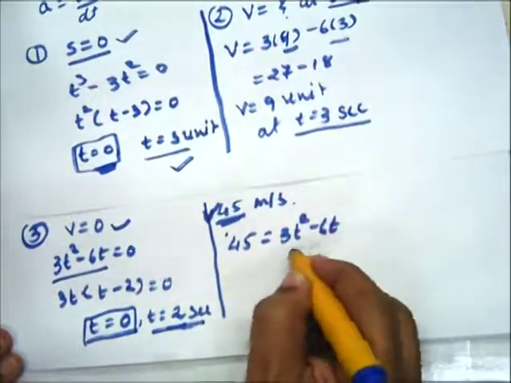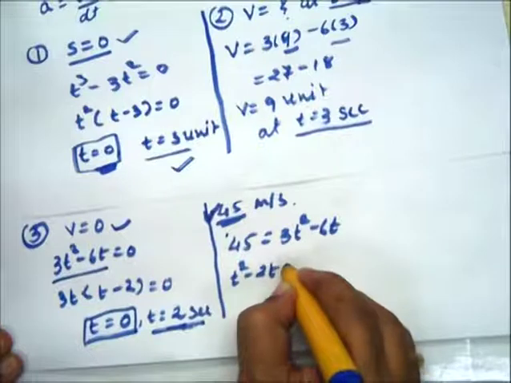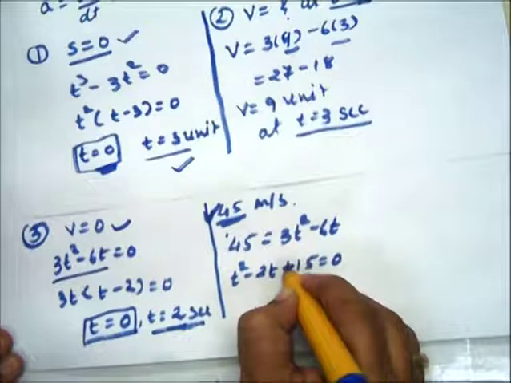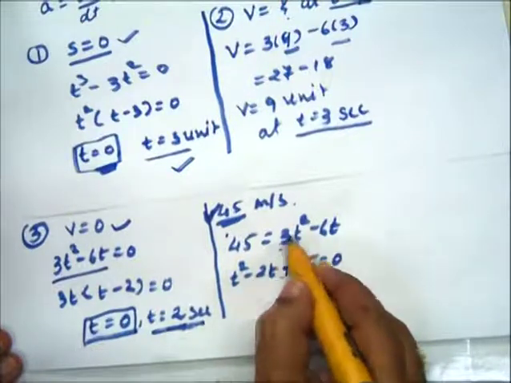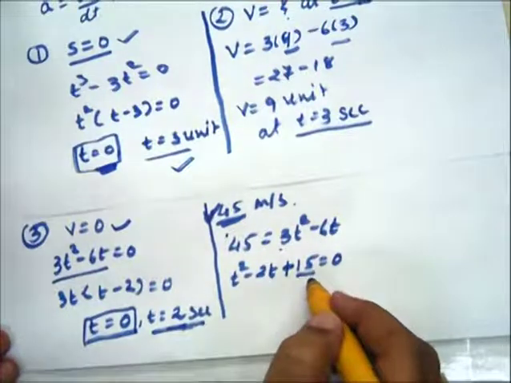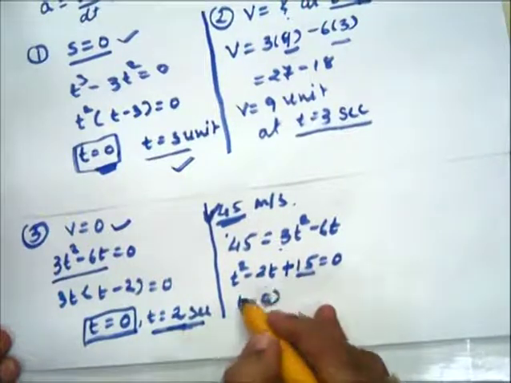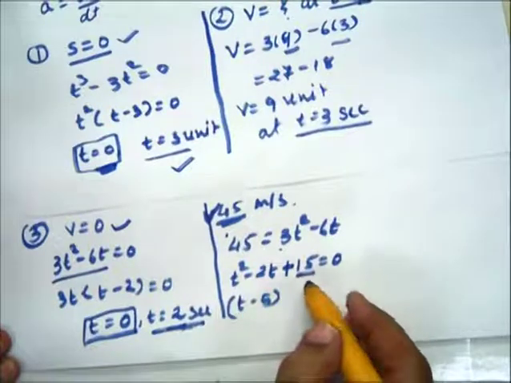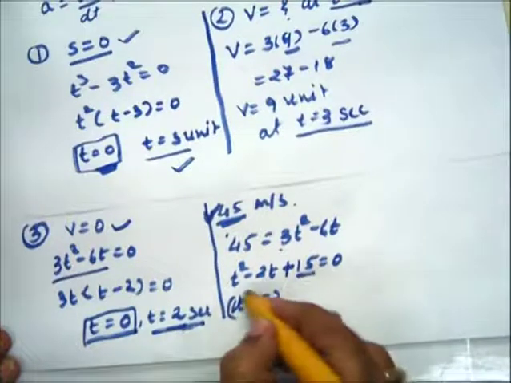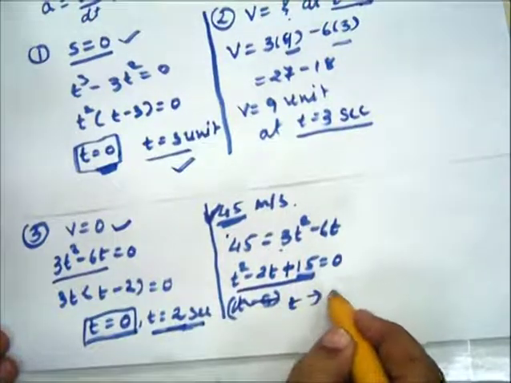We have 3 common, so t square minus 2t minus 15 is equal to 0. We can get the factors of this and get the value of t. That we leave for you.